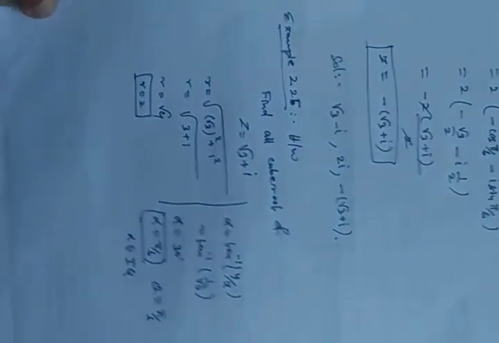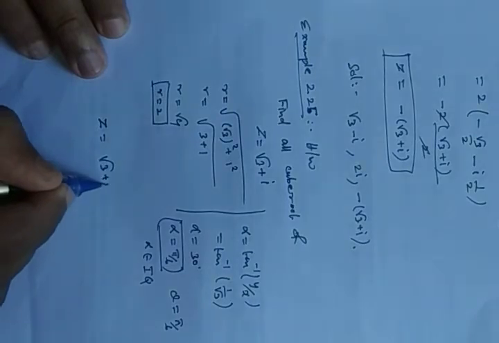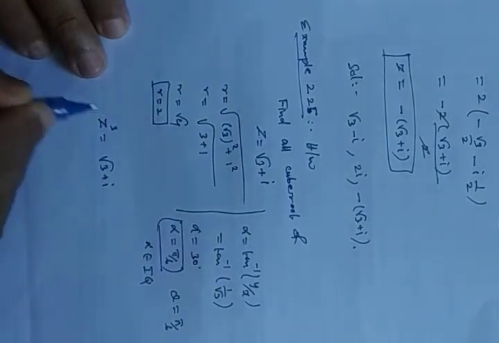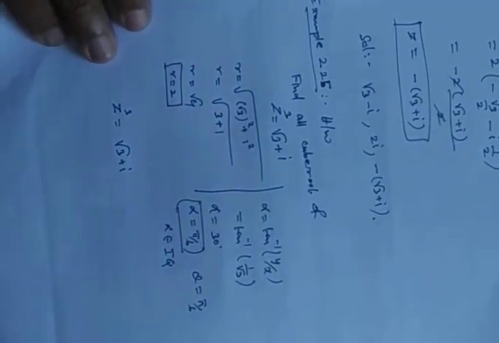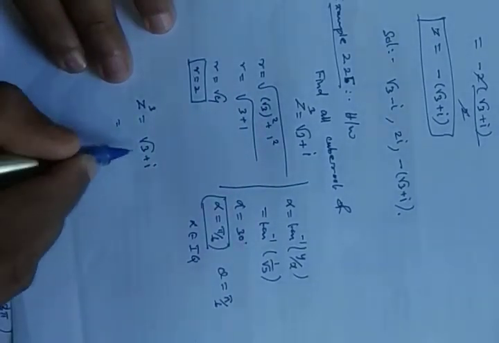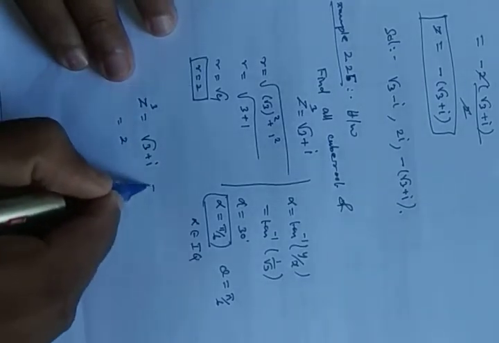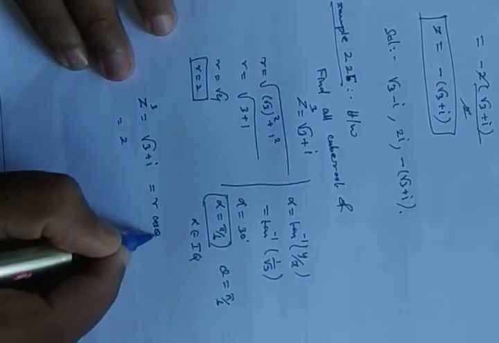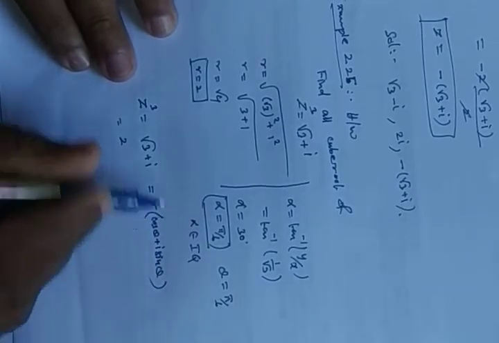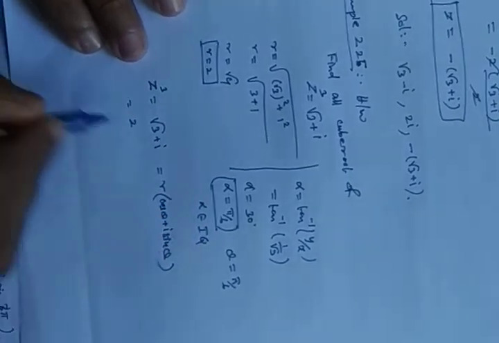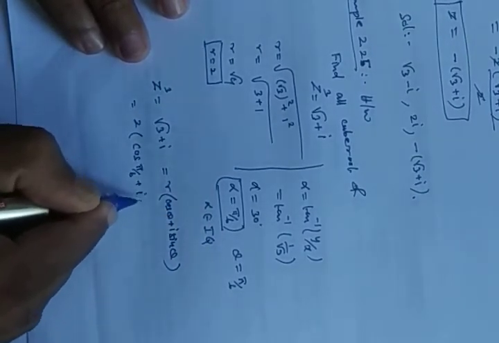So z is root 3 plus I, and we need to take the cube root. Now how can we write this value? The general form is r cos theta plus I sin theta. Here r is 2 and theta is pi by 6, so this becomes 2 (cos pi by 6 plus I sin pi by 6).